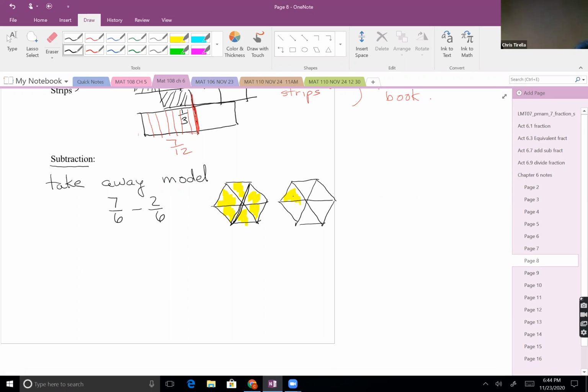And then I want to take away 2/6. And so we can use arrow showing that we're taking those two out. And then when I take them out, if I look to see what remains, I would have 1, 2, 3, 4, 5, 6.